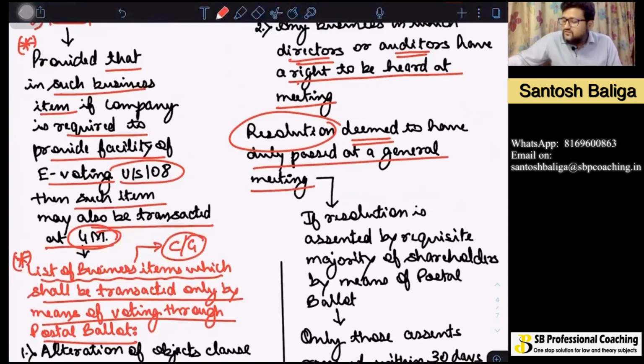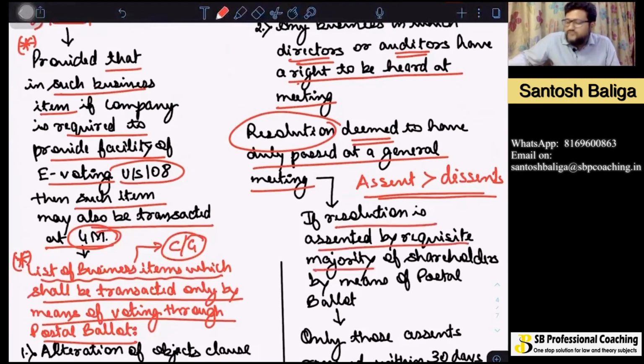So assent should be more than dissent in case of ordinary resolution. Okay, so the resolution is assented by the requisite majority, and for special resolution it shall be a 3/4 majority. So if you have requisite majority of assents, then it shall be deemed to be passed at the general meeting. I hope this is also clear.